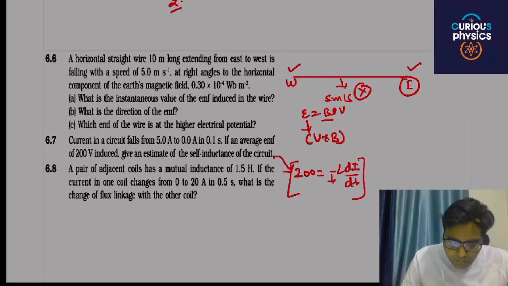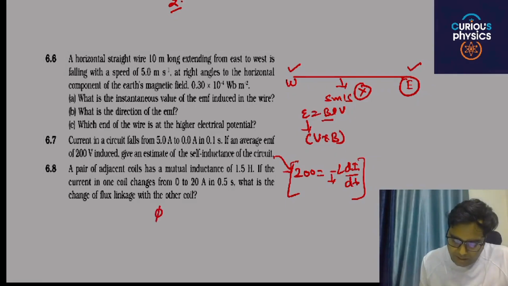The last question: a pair of adjacent coils has a mutual inductance of 1.5 Henry. If the current in one coil changes from this to this, what is the change of flux linkage with the other coil? We know that phi is directly proportional to current, and change in flux means change in current.